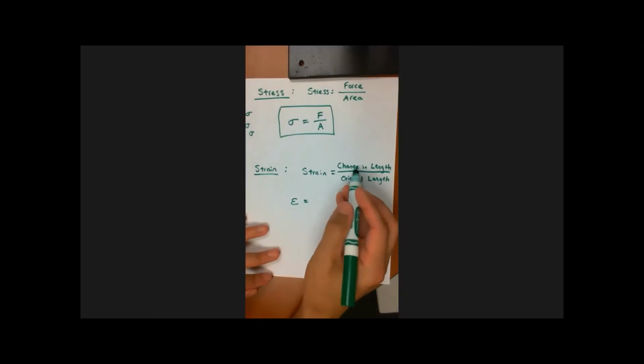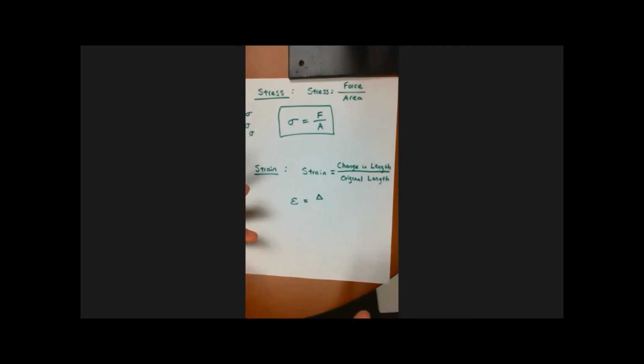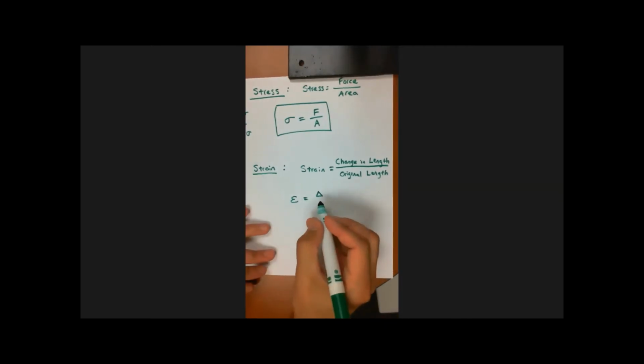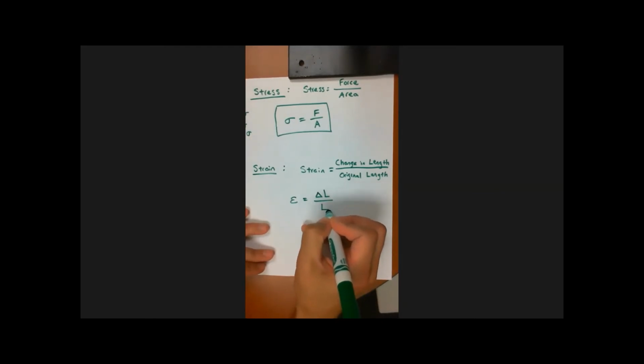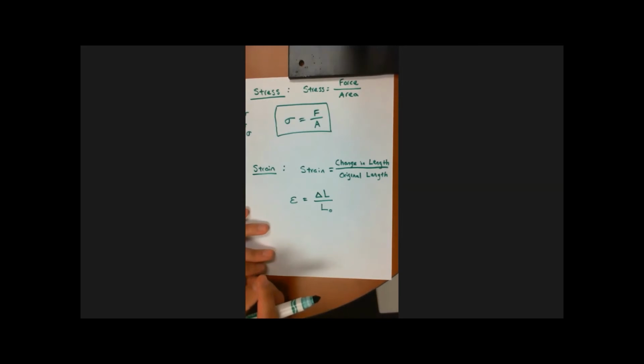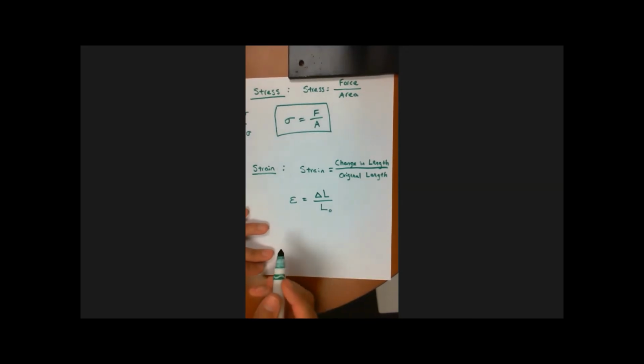And strain is equal to change in length. The way we write that is delta. Delta always means change in something. Delta L, that's the change in length, divided by L sub naught or L sub 0. That means original length. I guess you could consider that to be an O for original length.